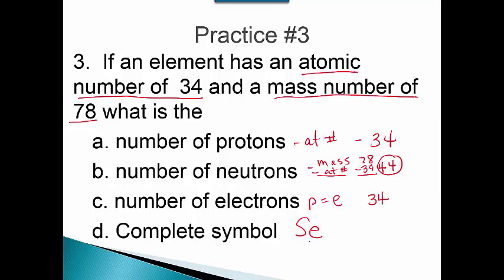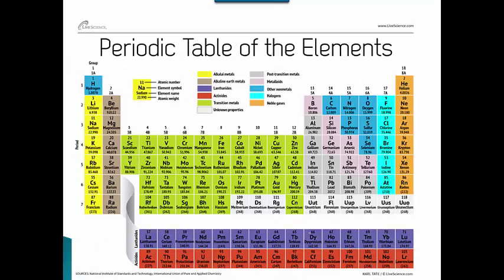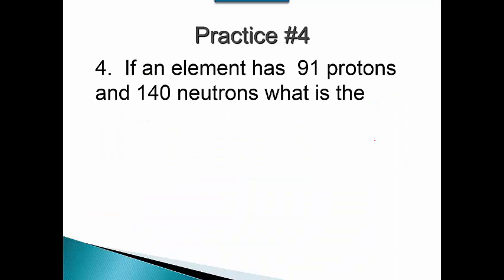Don't make them both capitals, please. And the name of that is selenium. All right, and we have a periodic table there so that we can see number 34 right here, Se and selenium.